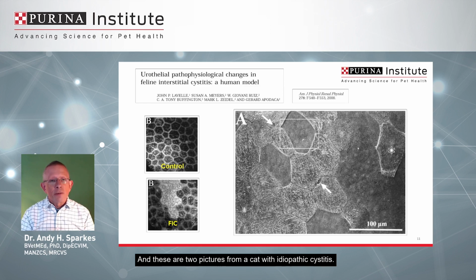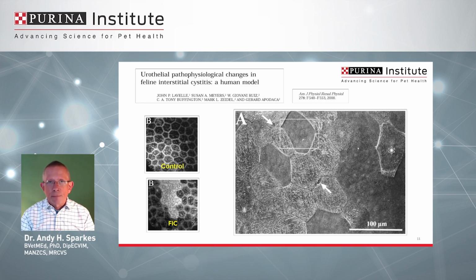And these are two pictures from a cat with idiopathic cystitis. And you can see that there are areas of simple ulceration where the tight junctions between those epithelial cells are breaking down, and then those epithelial cells are simply coming away. So we have exposure to the underlying submucosa.